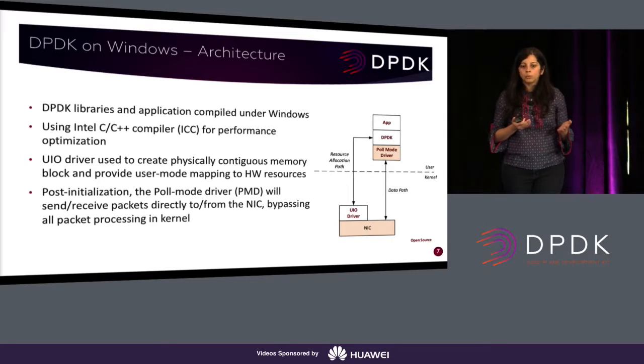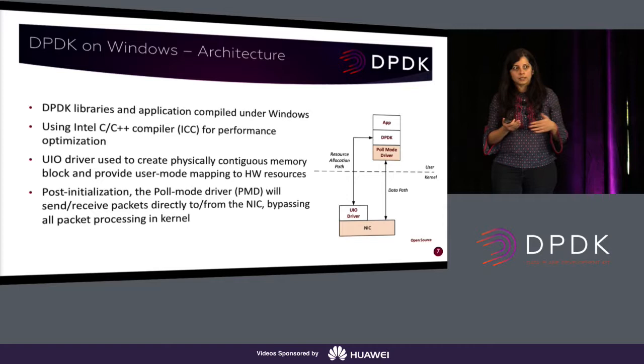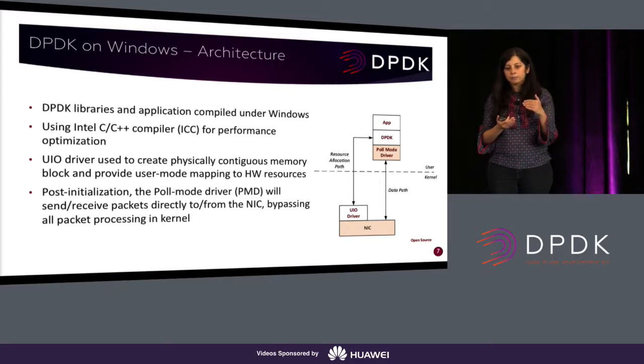We had to do some work to get the ICC compiler going, get some performance-based changes into the ICC compiler. And then the last bit that we had to do was to make these changes in a way that they are maintainable and clean for other people to adopt and use.